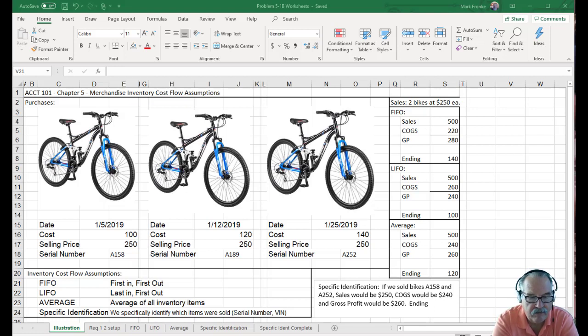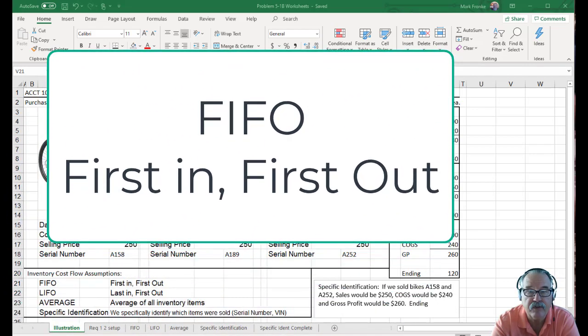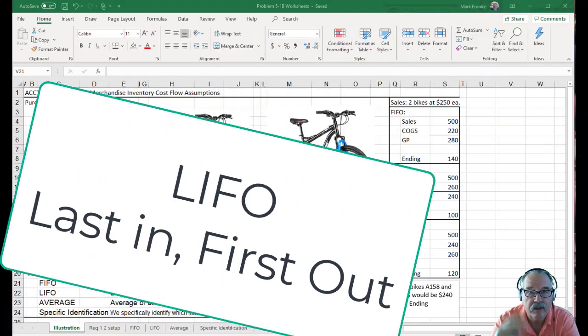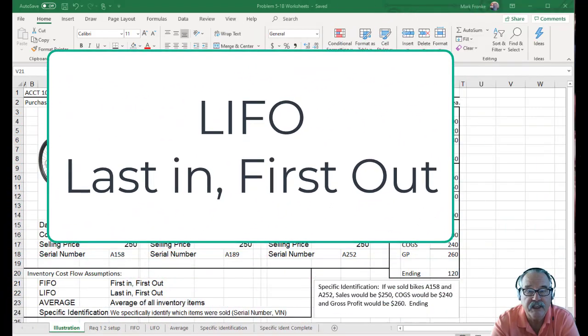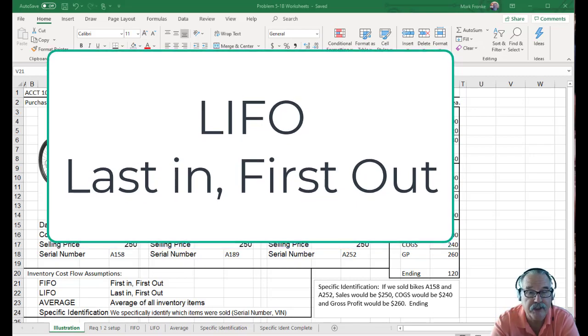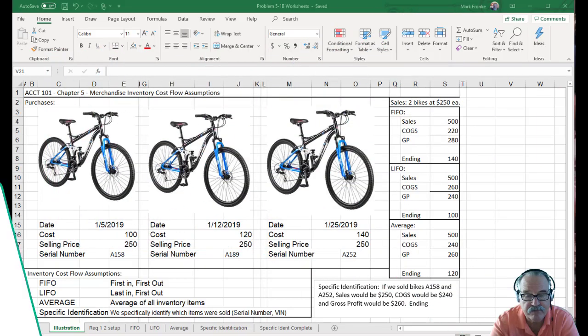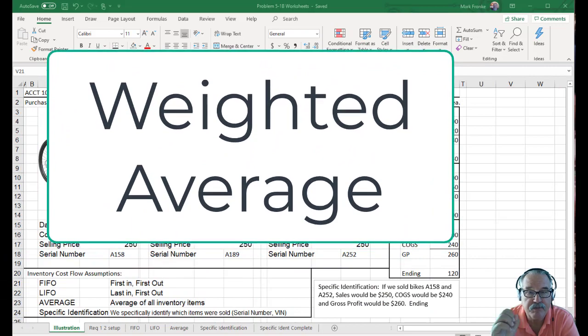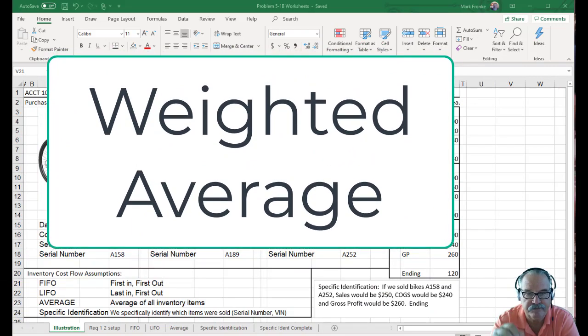And so we have 4 ways to do that. We have FIFO, which stands for first in, first out. LIFO, which stands for last in, first out. We have an average, which is the average of the inventory items, and we have specific identification.